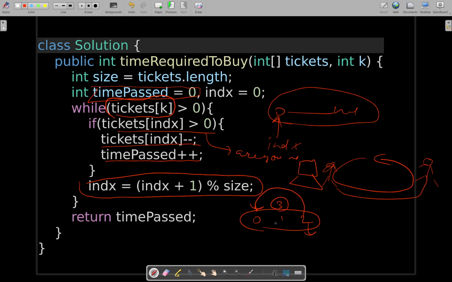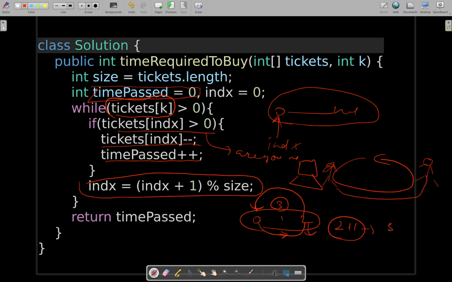Okay, so when you traverse your array in this fashion, you will again end up in a circular kind of thing. So one way of doing it is, for example, 2 plus 1 will be 3.